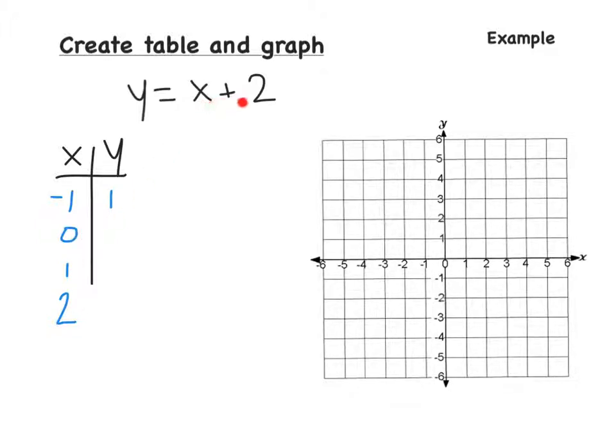So 0 plus 2 is 2. 1 plus 2 is 3. 2 plus 2 is 4. Now if you notice, we have some points. We have -1, 1; 0, 2; 1, 3; and 2, 4.